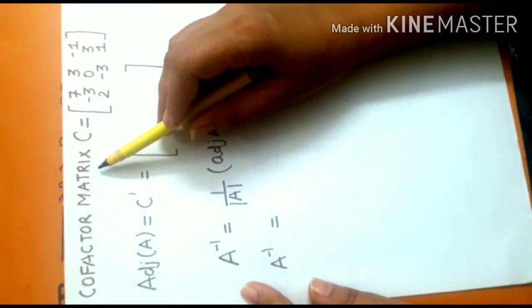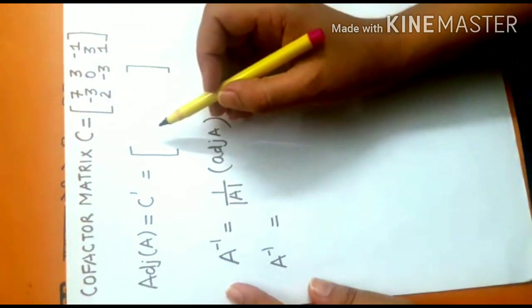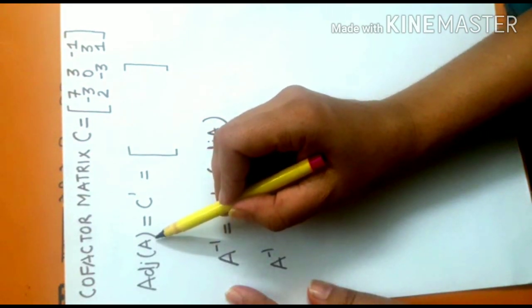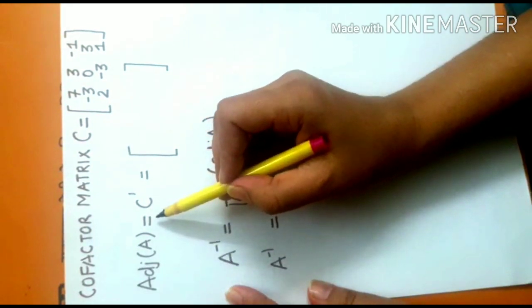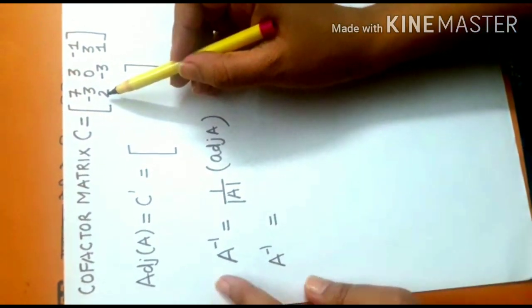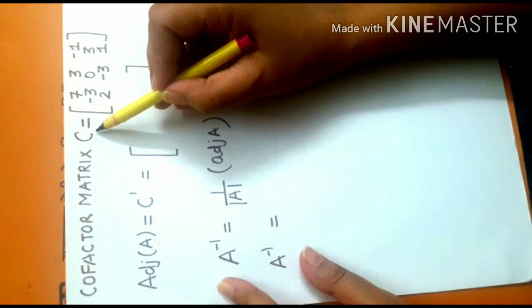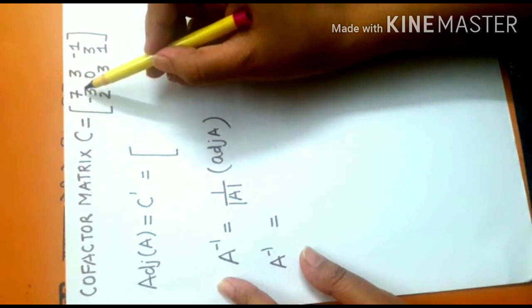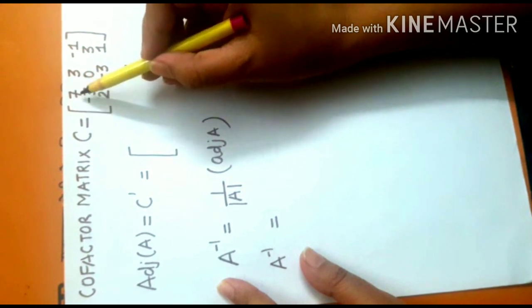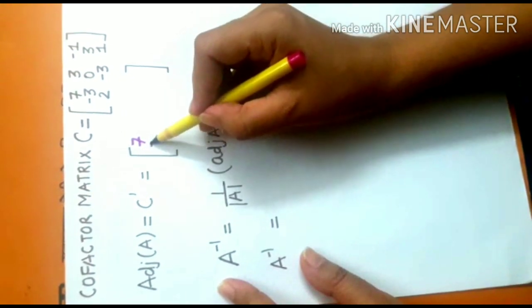So we have obtained the cofactor matrix C. Now adjoint of the matrix A by definition is the transpose of the cofactor matrix C. So we will compute the transpose of this matrix C, and for that we will interchange the rows and the columns of C. So pick up the first row and make it the first column.